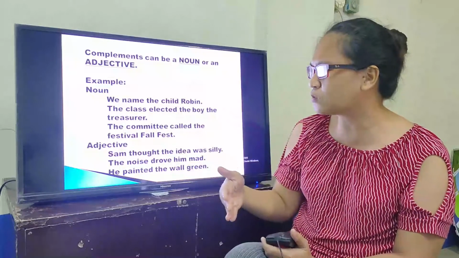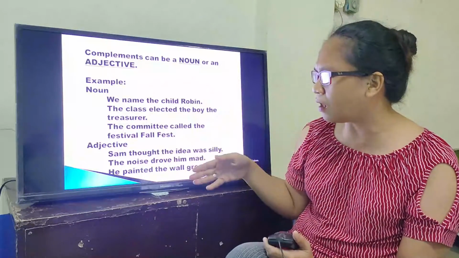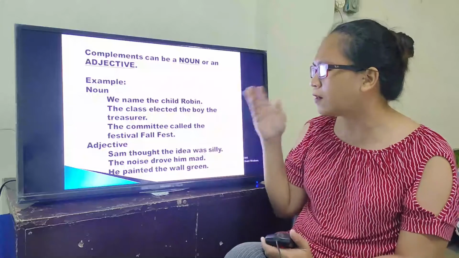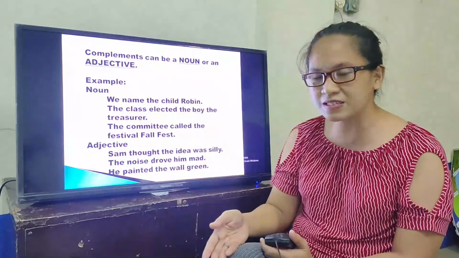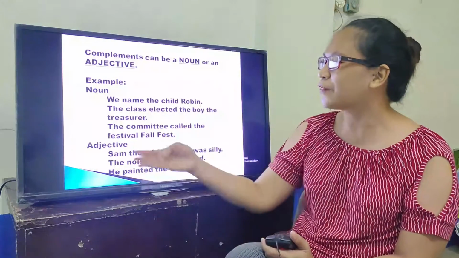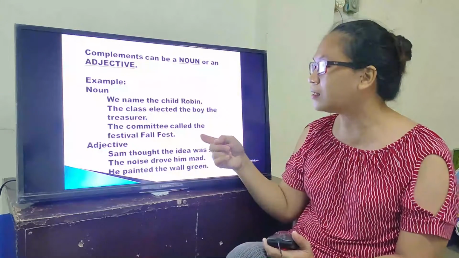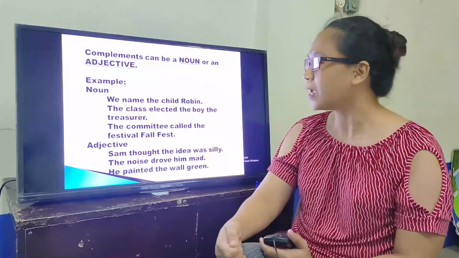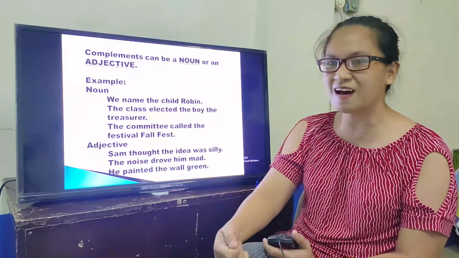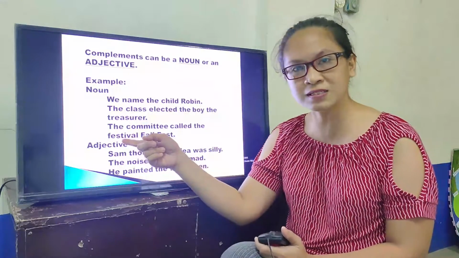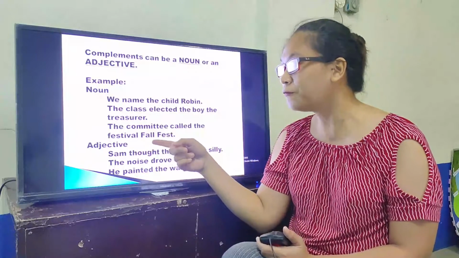Okay, let's have the next one. The committee called the festival Fall Fest. Where is the subject? Okay, good. The word the committee is the subject, called is the verb, correct? And the direct object is the festival. So what is the name of the festival? Fall Fest.